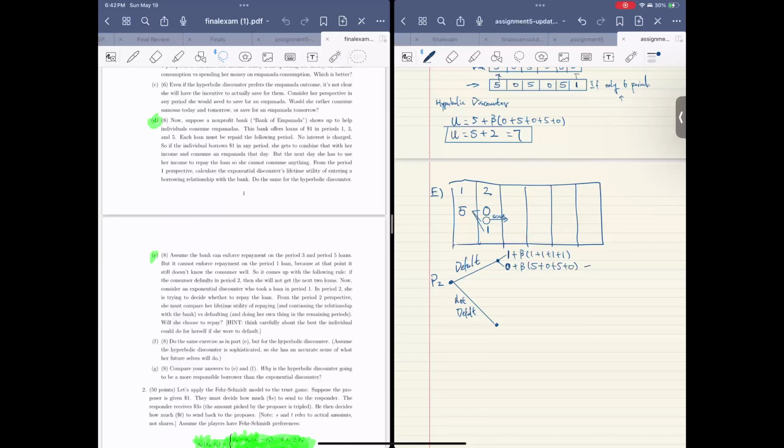But will this person commit to do this? If he is hyperbolic.